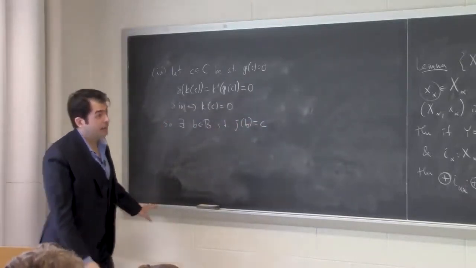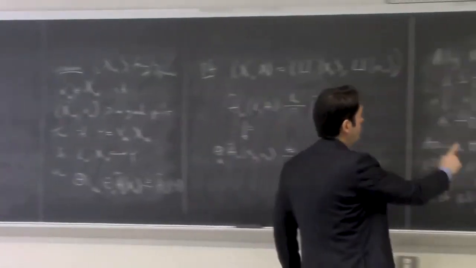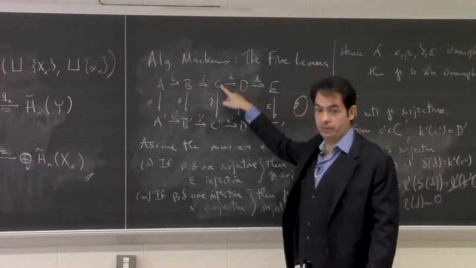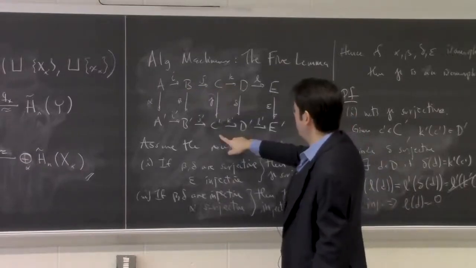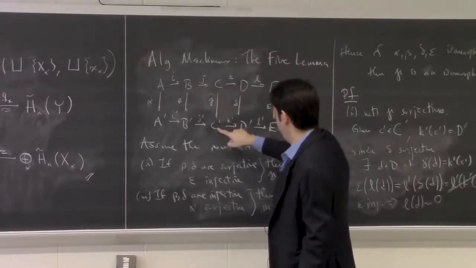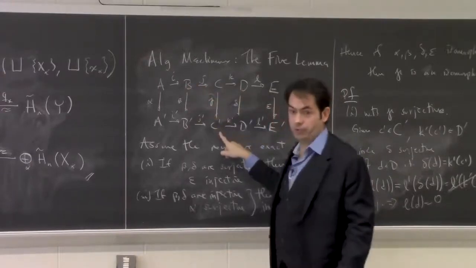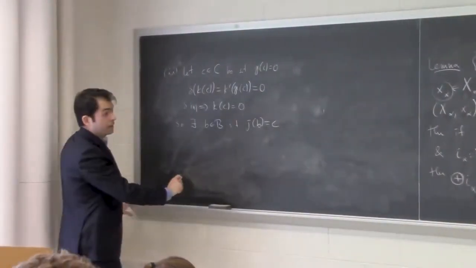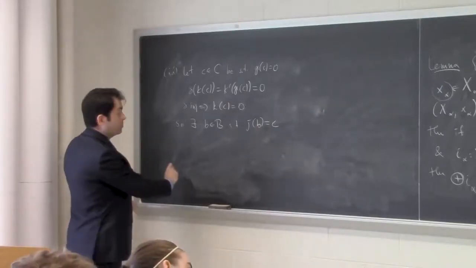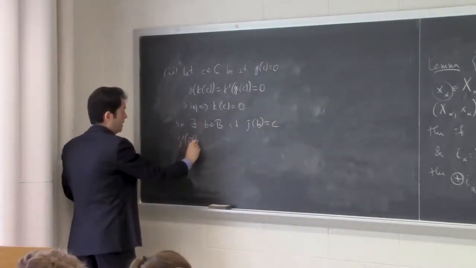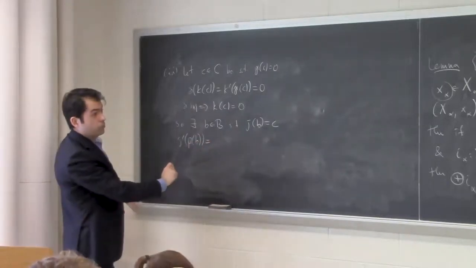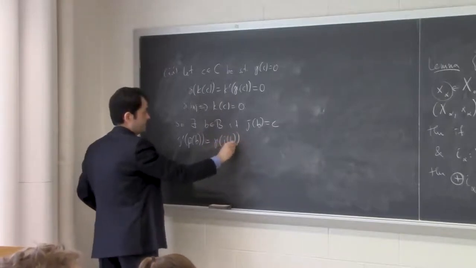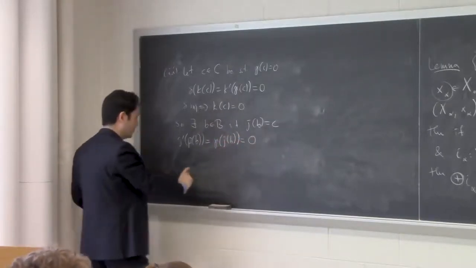Okay, great. So we have somebody here, and we know we get c when we go this way, right? So what we know about c is that if you go down, you get 0. So we're here. We know that if we go like that, we get 0. So it must be that if we go like that, we get 0. So j prime of beta of b is equal to gamma of j of b, and this is 0.